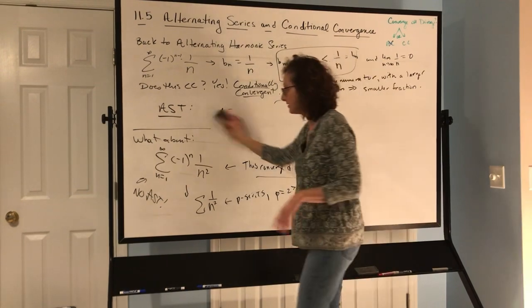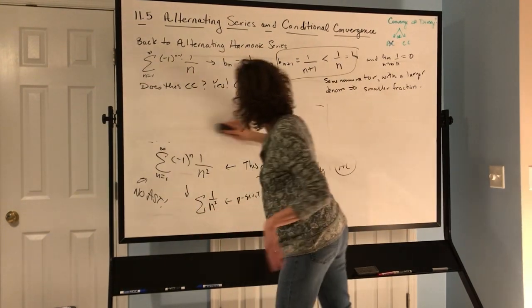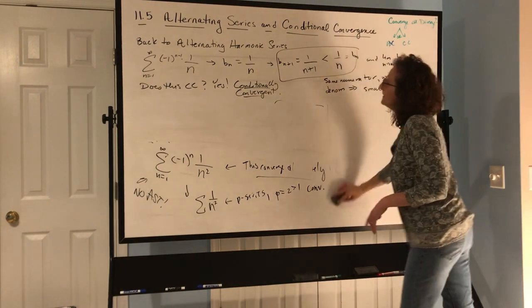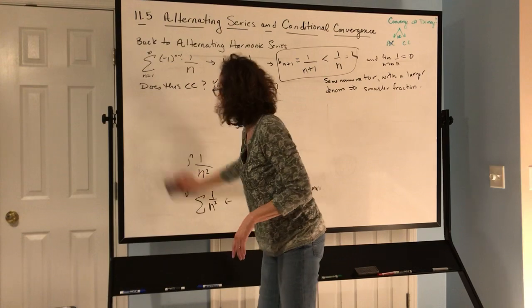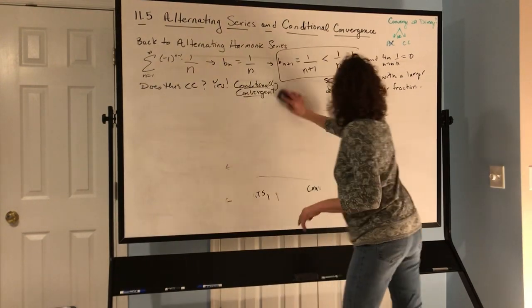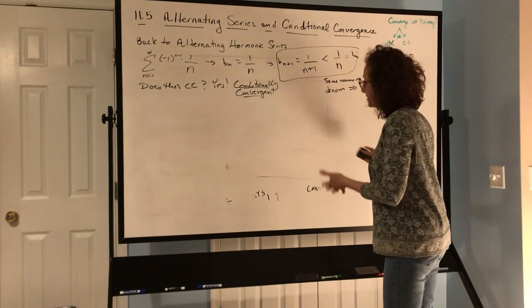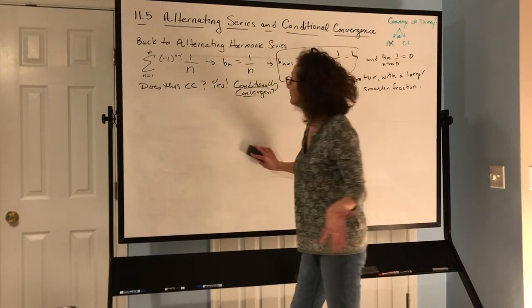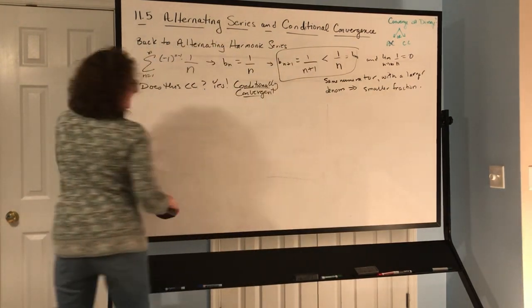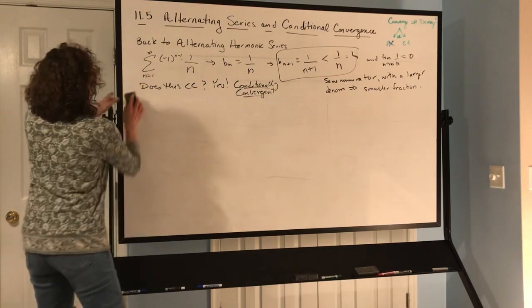You don't just go to AST just because you have an alternating series. This guy is going to be fun, actually. We'll talk about that at the end. This is crazy. The harmonic series diverges, but the alternating harmonic series converges. That may sound crazy. It gets even crazier. You'll see in a little bit.